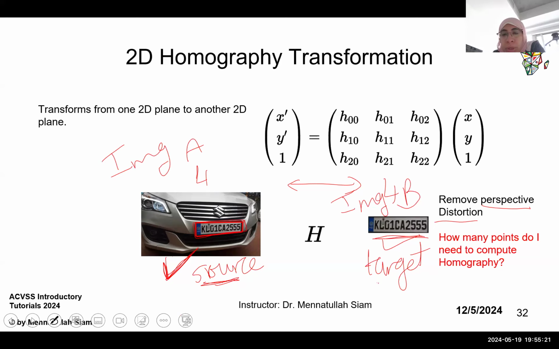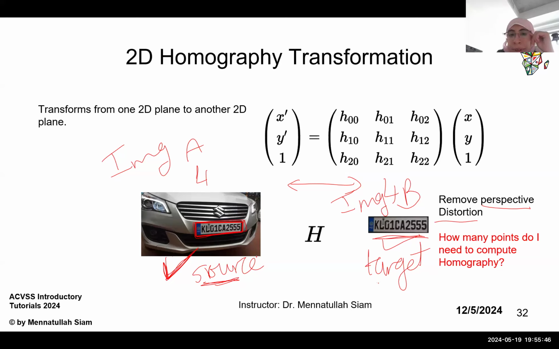What would be the source points in image A? And what would be the target points in image B? And if you feel like it's confusing, let me know. I mean, we can discuss it in a different way. Any suggestions?